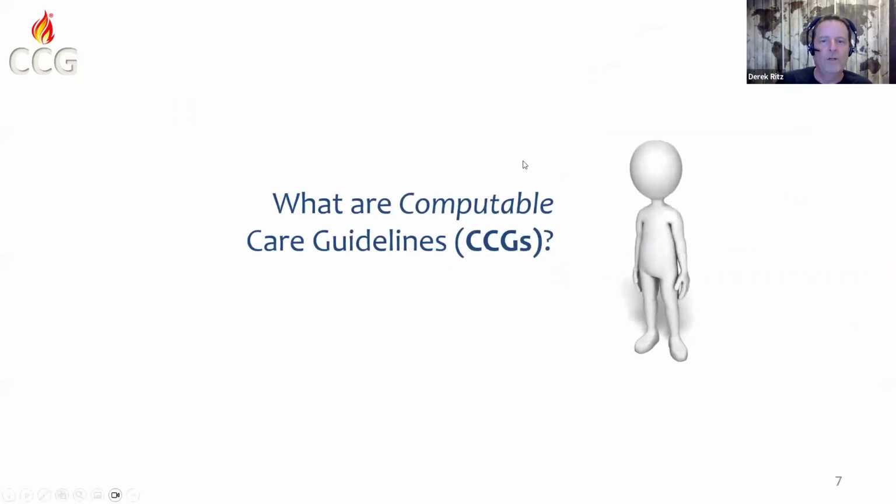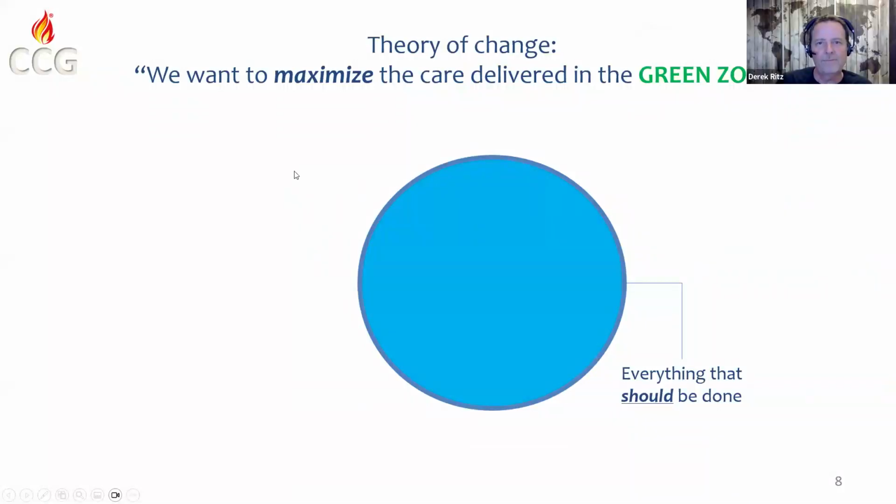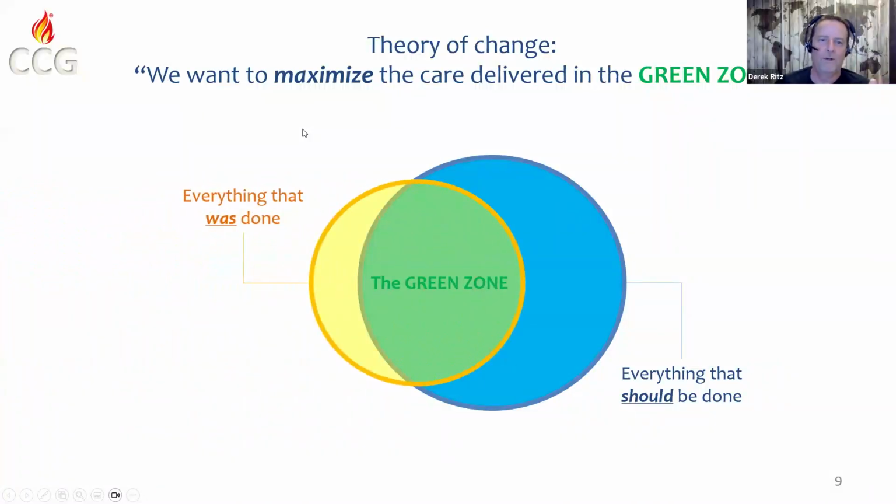What are computable care guidelines, or CCGs? So here's the theory of change. We want to maximize the care that's delivered in the green zone. So where's the green zone, you might ask? Let's assume that the blue circle represents everything that should be done during a care encounter. The green zone is the overlap between everything that was done, the yellow circle, and everything that should have been done, the blue circle.